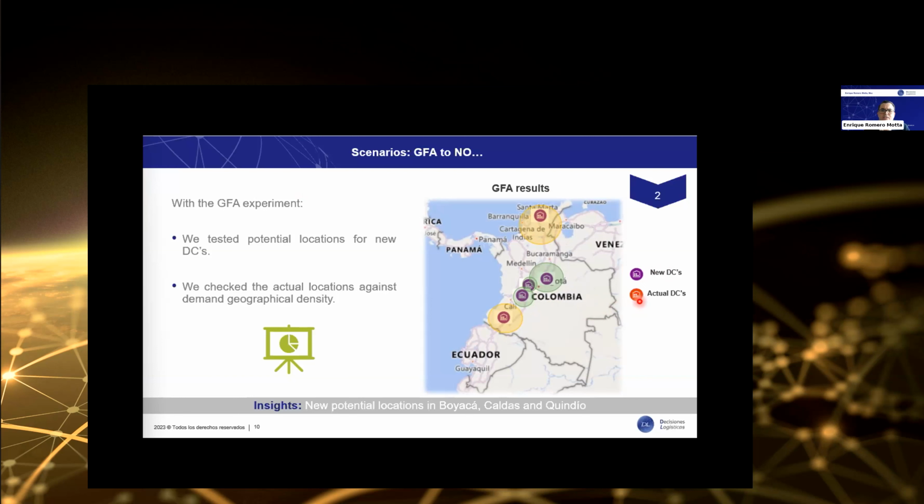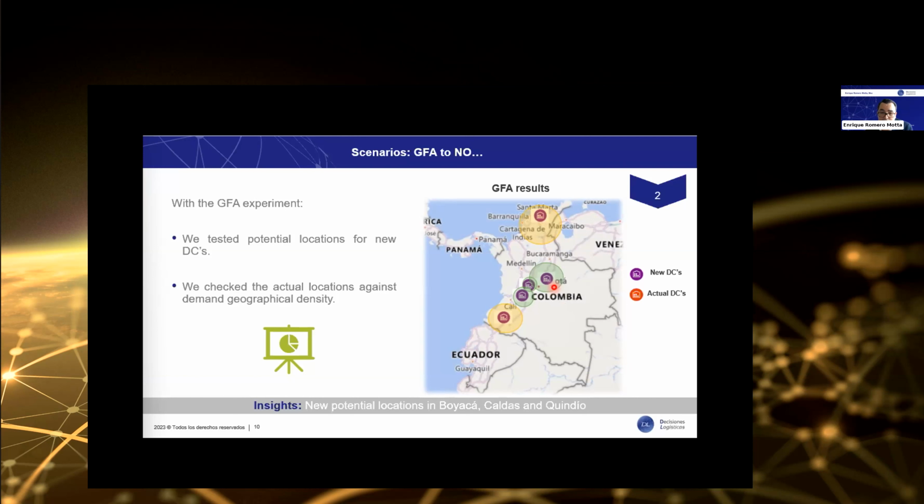I'm showing just the distribution centers and how they were spread over the country. And the new factory will be open in 2024 here, which is in the north side of the country. And the other factories are located here in the center of the country, a little bit far from the new factory.